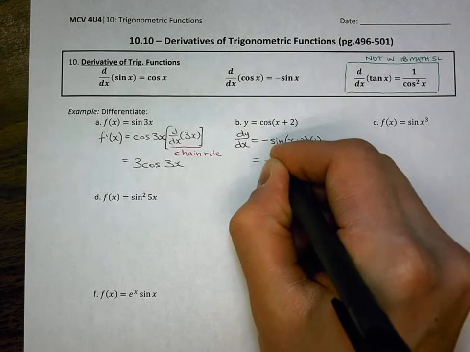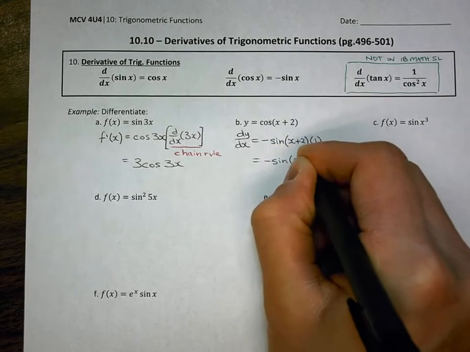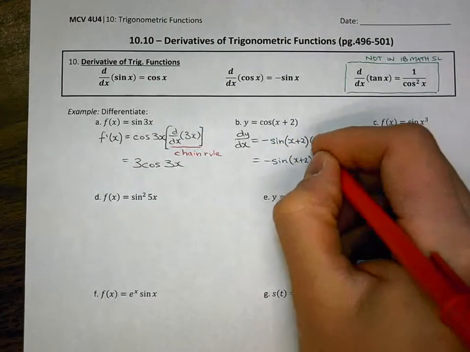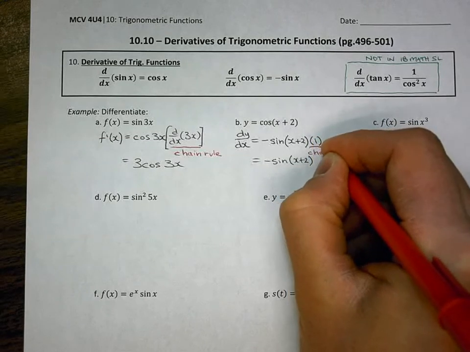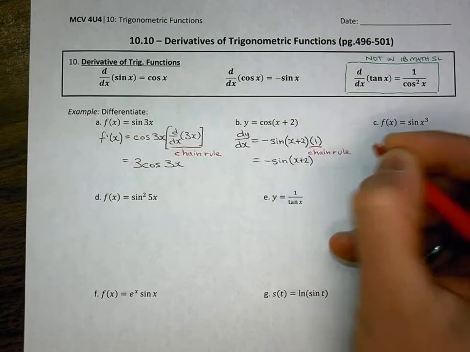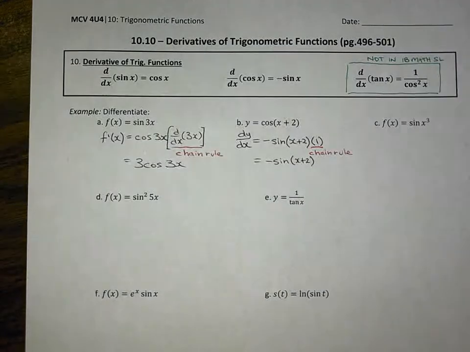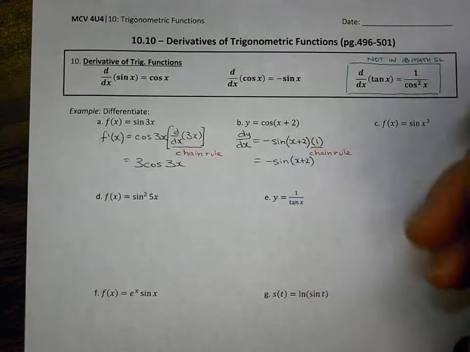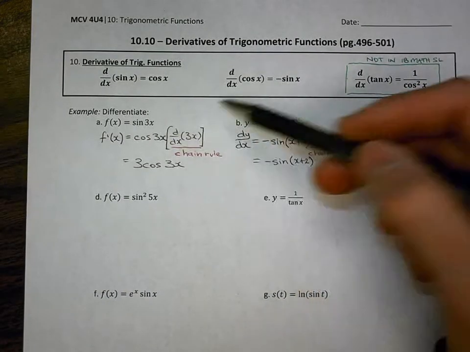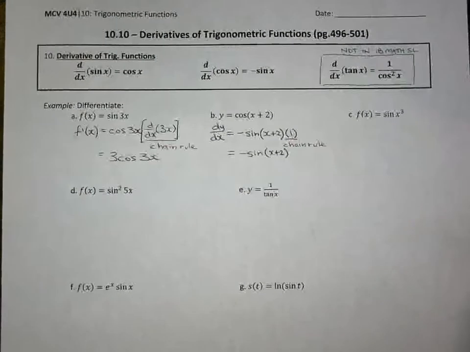So it's just negative sine (x + 2). There's the chain rule again. I didn't show as much work because you know chain rule, and as you do more of these you'll be able to jump right to this. You won't have to necessarily write the step if you don't want to.